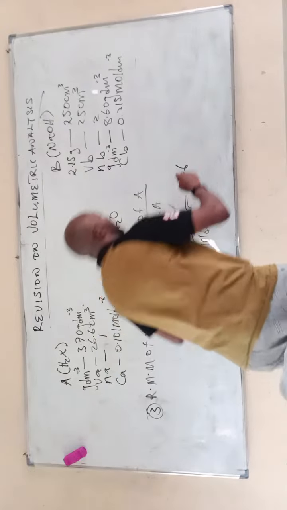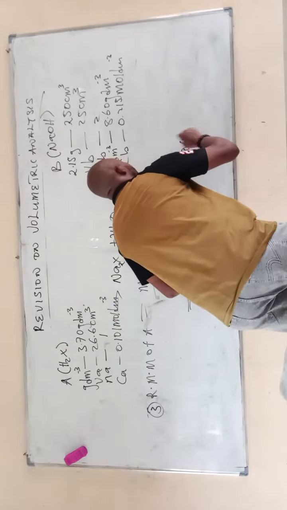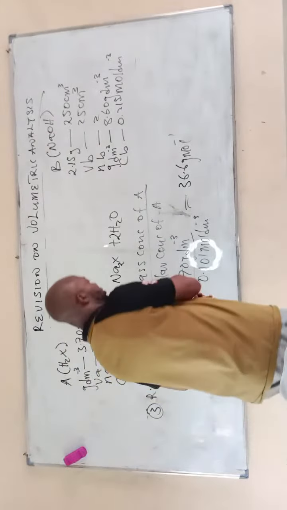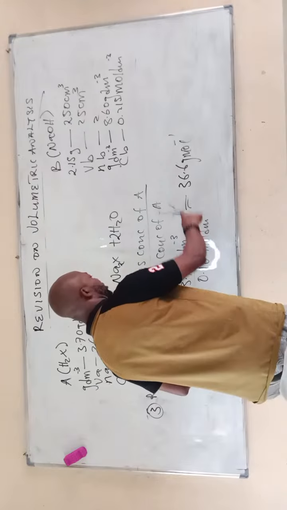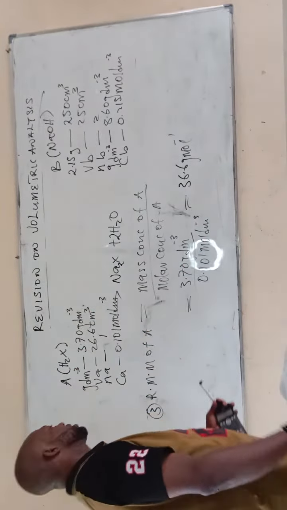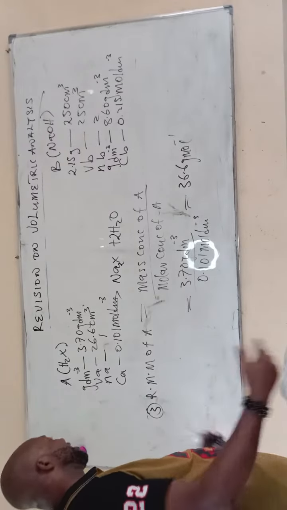The relative molecular mass is in g/mol. The dm³ will cancel itself, leaving gram per mole. So 36.6 is the relative molecular mass of the acid.